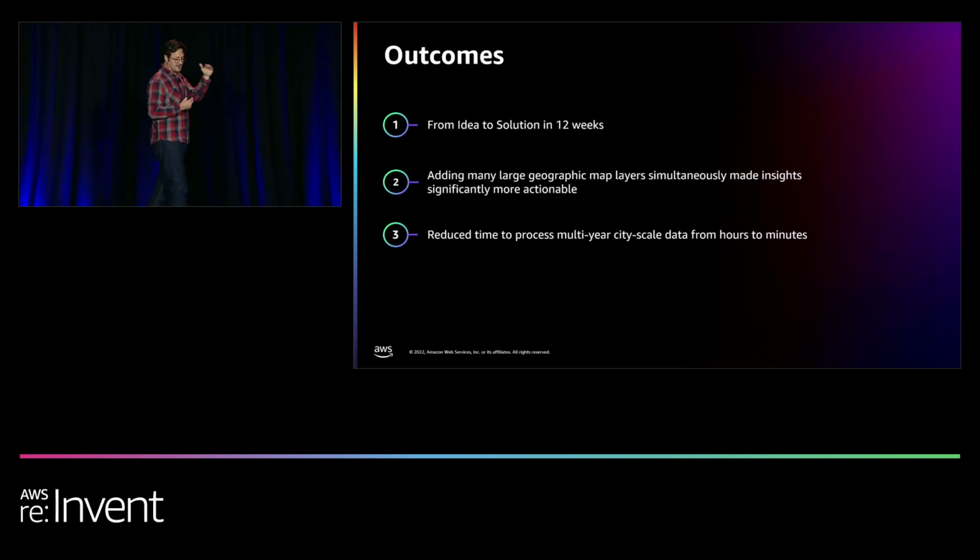Being able to add the layers simultaneously, being able to make that actionable insight come out at speed in a way that's usable for us, that we can interpret, is really powerful, really important. And the reduction of time across all of these, from hours to minutes, makes it a service that we can offer and think about almost as a SaaS service moving further down the line.